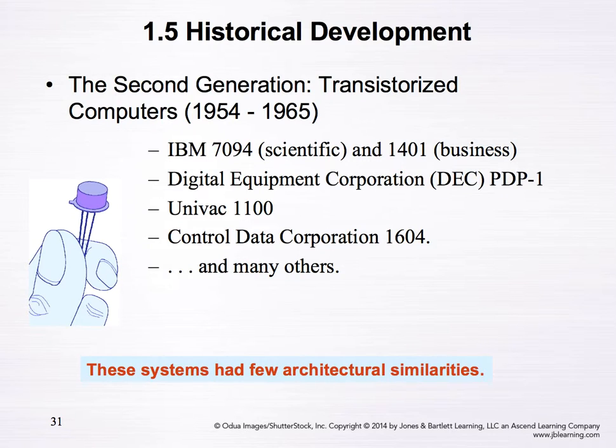The second generation is when the transistor was developed, so we call them transistorized computers. That's between 1954 and 1965. There were many corporations and computer manufacturers during this generation. Famous ones include the IBM 7094, a scientific computer, and the 1401, a business computer.